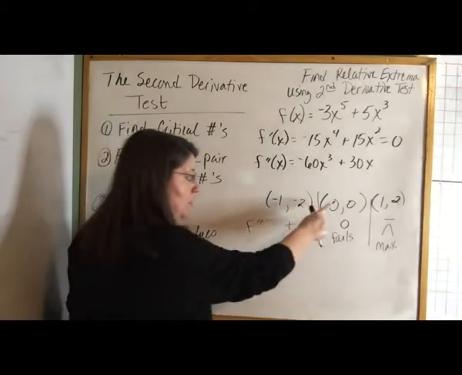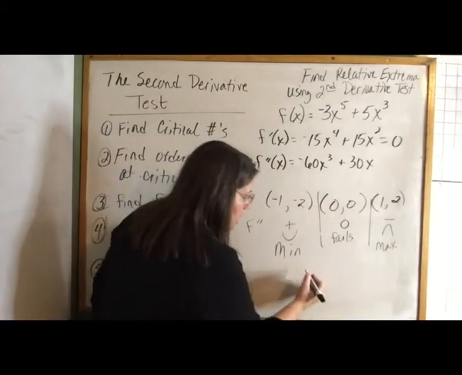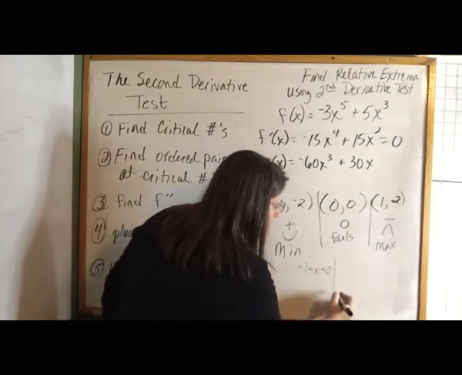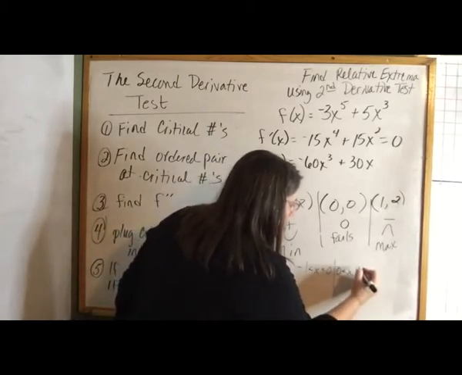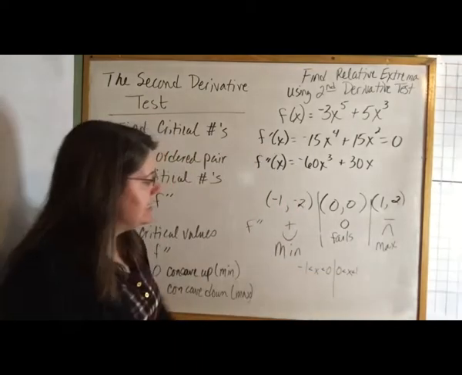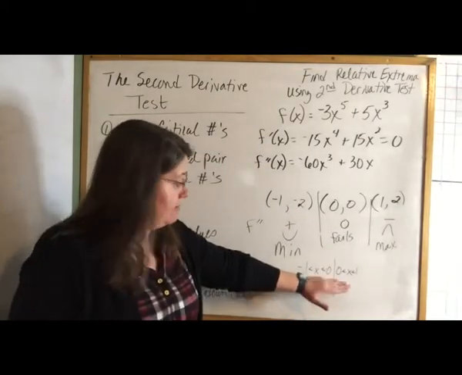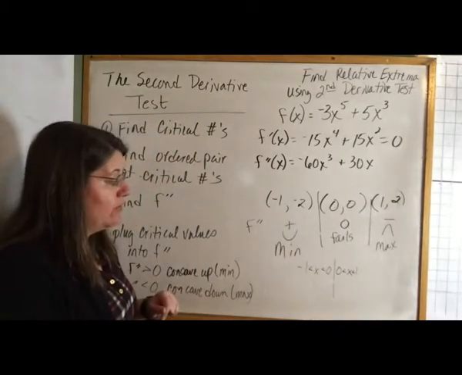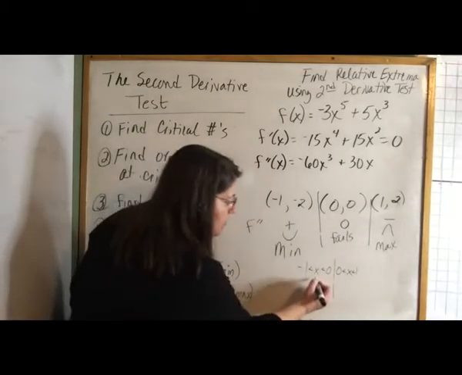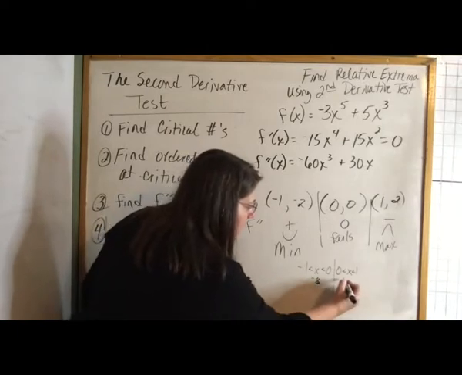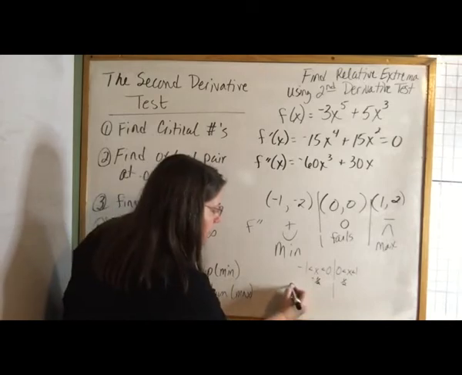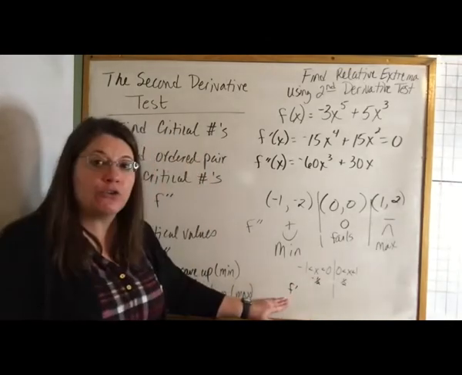So that would be the interval from negative 1 to 0, and then 0 to 1. We need to test those two intervals to see what actually is happening at 0. We're going to choose a number in each interval, like negative 1/2 and 1/2. And remember, the first derivative test tells me to plug those into the first derivative.